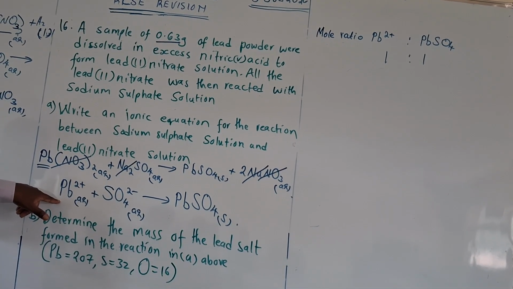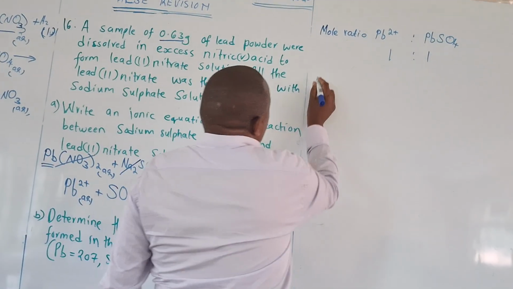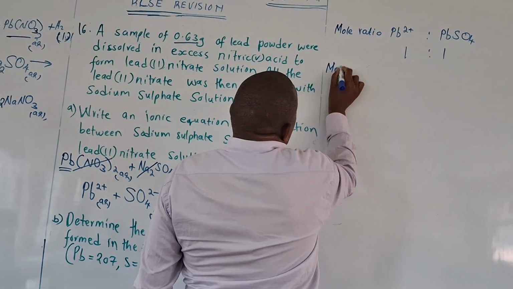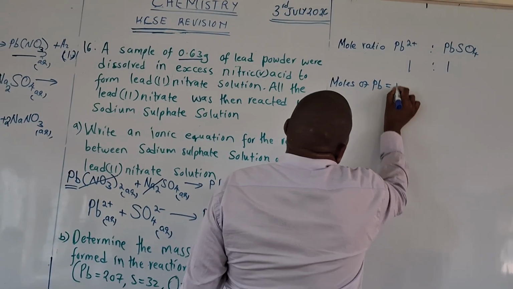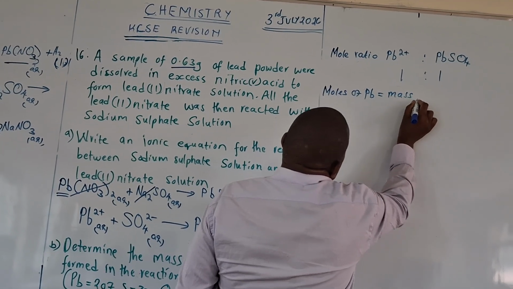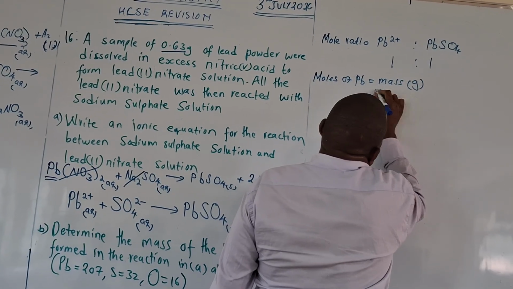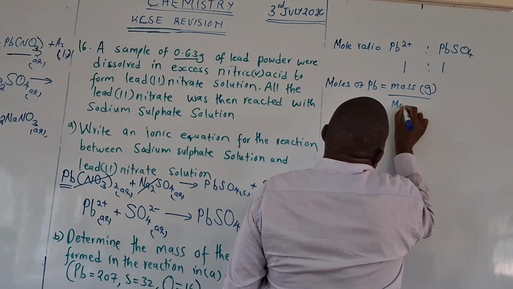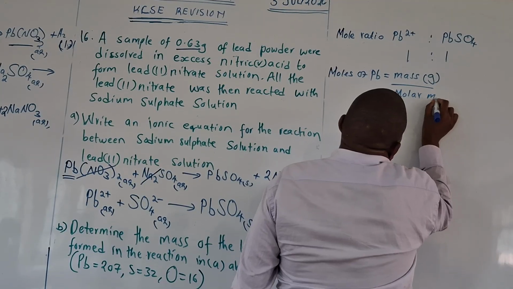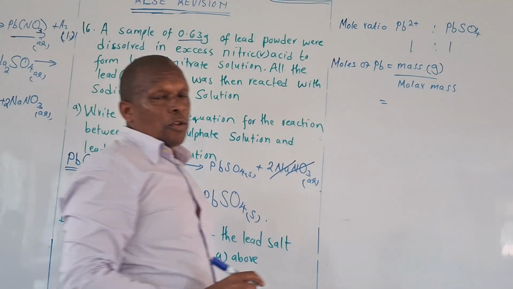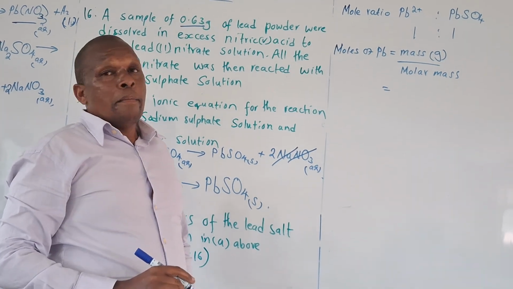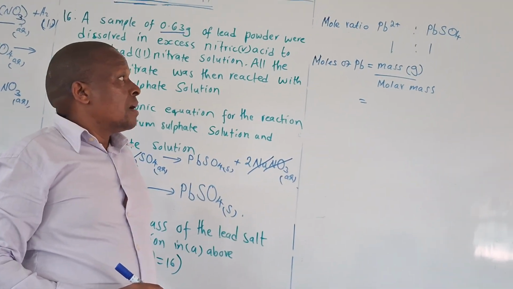Are you seeing that? So we'll come here and say number of moles of lead is equal to mass in grams divided by molar mass.